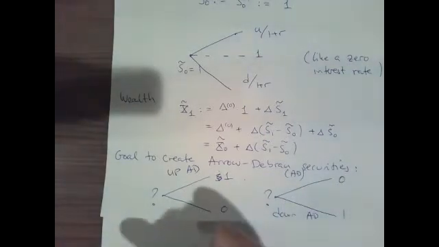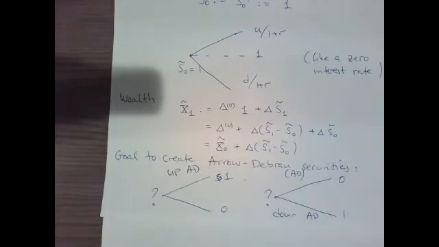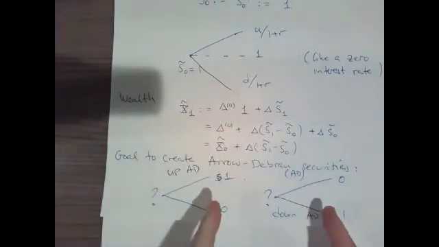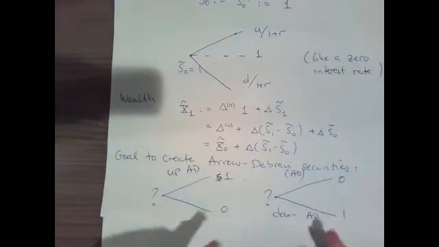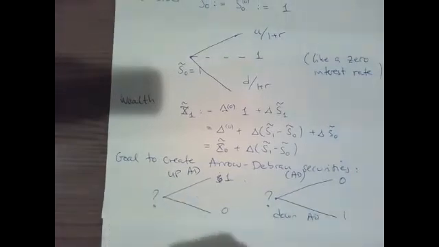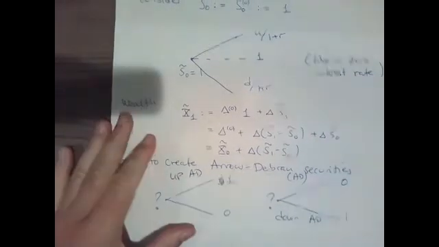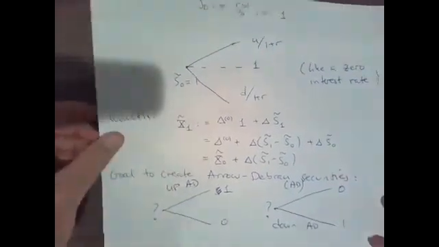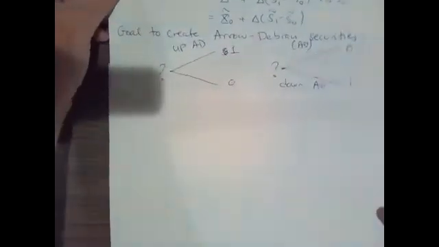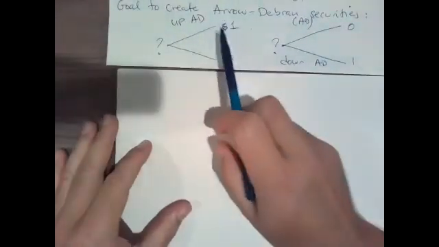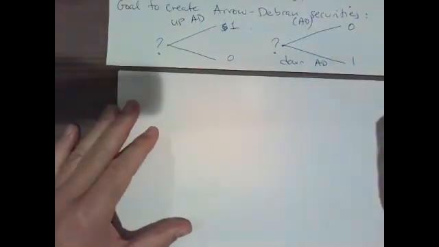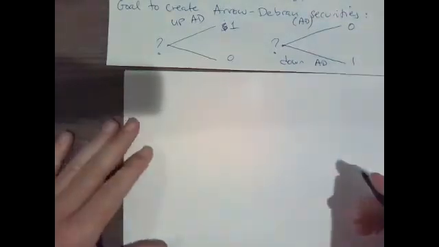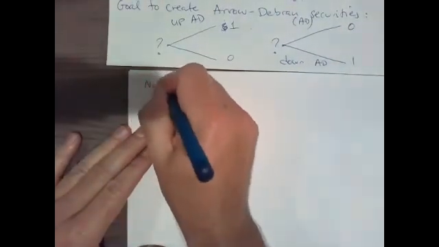This is like expressing, if you have a basis in R2, you need two elements, and you can express any other vector in R2 in terms of linear combinations of these two particular elements. So that's what we're doing. We're finding the prices of these basis elements, and these basis elements in quantitative finance are called Arrow-Debreu securities. And so how do we do it? Well, we do as last time. We need to solve.